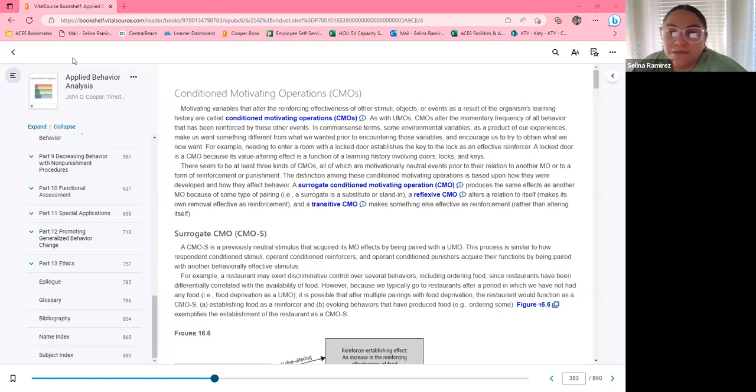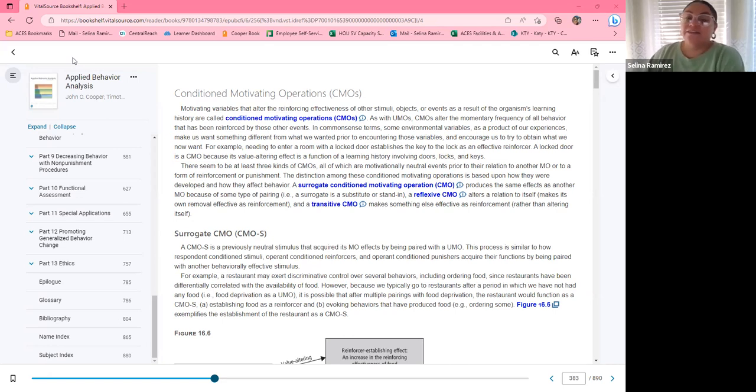In common terms, some environmental variables as a product of our experiences make us want something different from what we wanted prior to encountering those variables, and encourage us to try to obtain what we now want. For example, needing to enter a room with a locked door establishes the key to the lock as an effective reinforcer. A locked door is a CMO because its value altering effect is a function of learning history involving doors, locks, and keys.